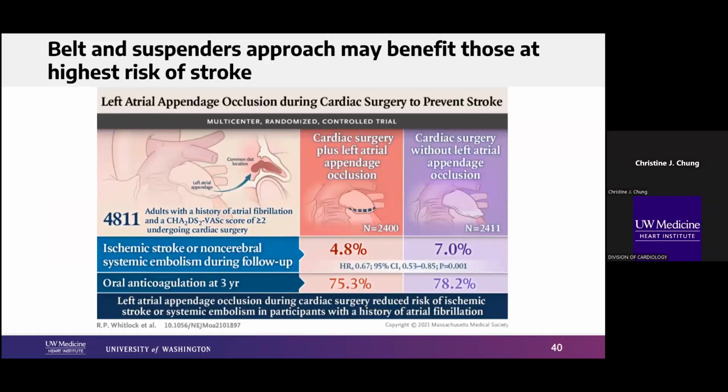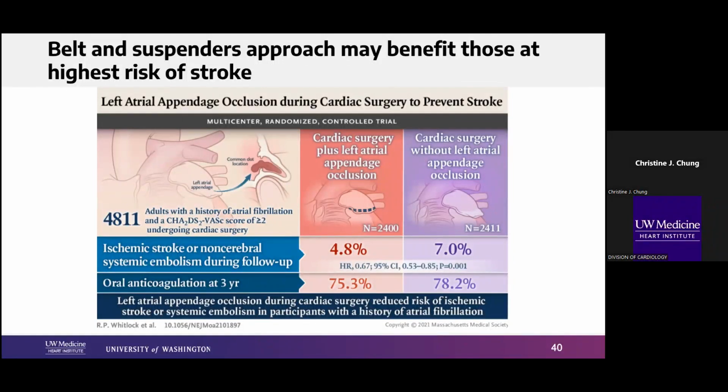So this was actually a surgical study done a few years ago, largely in Canada, where they randomized patients that had a primary indication for cardiac surgery. They all had AFib, and then they were randomized to either concomitant surgical appendage ligation or not. After their surgery, they were all continued on systemic anticoagulation.